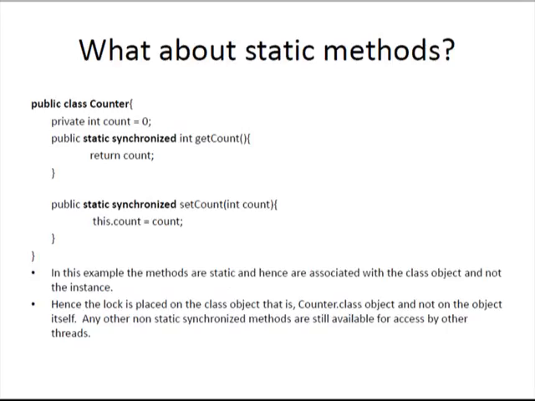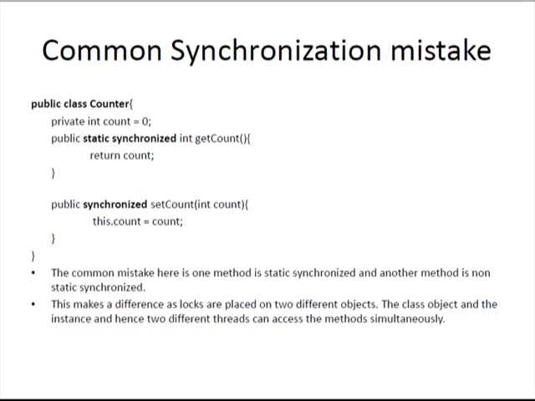If the method is static, then we can also put the static keyword first and then the synchronized keyword, so that clashing may be eliminated. If we use the static keyword for one method and the synchronized keyword for another, the two methods are different. One is a class method, a class member method, and one is an object method. So this kind of mistake we may make.